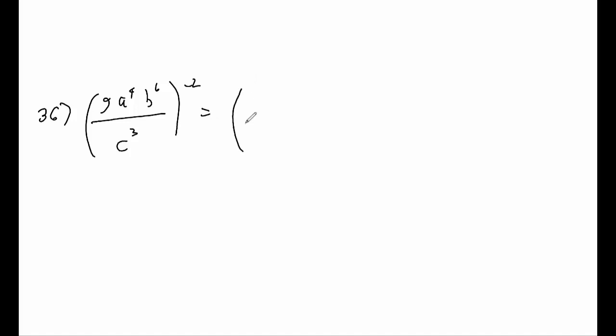So we're going to get c to the third over 9a to the 4th, b to the 6th, to the second power. So you see, this is a negative 2, this is a positive 2, but you see now the c cubed is on top rather than bottom, and this part is on the bottom rather than the top, but now the exponent outside the bracket is positive.